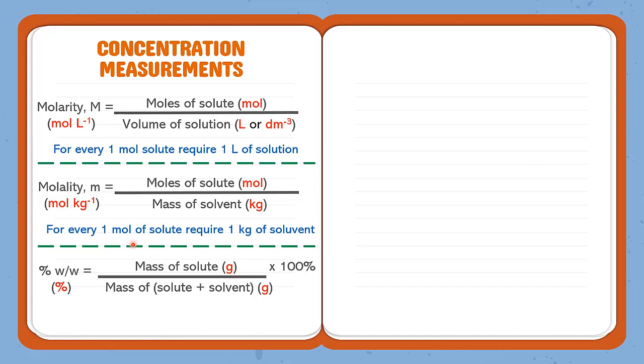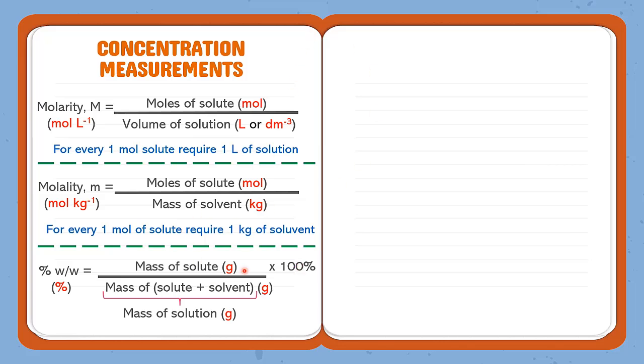But your ratio must come from the mass as suggested from the name itself, percentage by mass. So you must make sure that you have mass in here, not volume, not mole. Then you need to relate it to the 100%. Please be careful with the mass of solution.